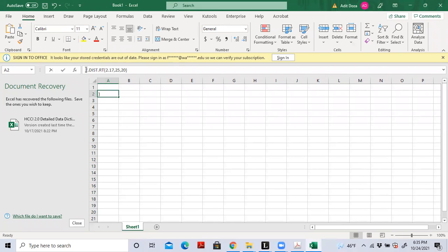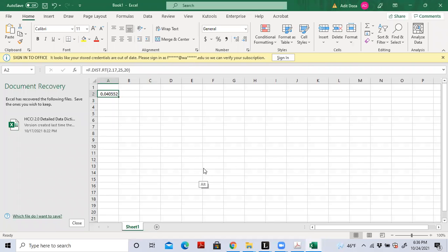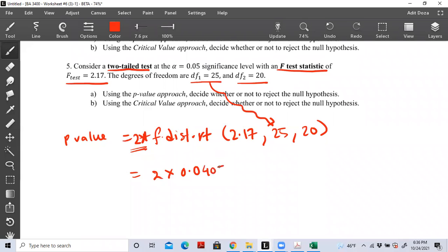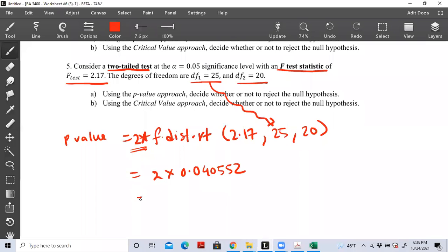Oh, you have to put the equal sign. So 0.04052. So you have to multiply that by 2. So it's 2 times 0.040552, right? So if I multiply this by 2, I'll get directly 0.081105.